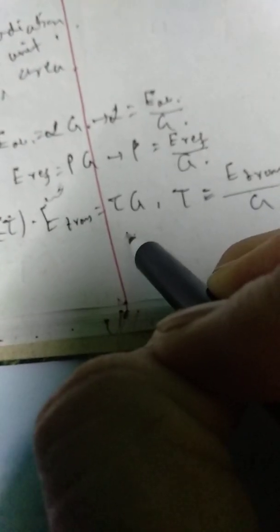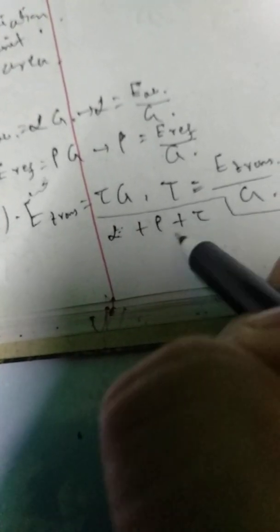Now if we add these three quantities, alpha plus rho plus tau, we get 1 by G, the absorptivity, reflectivity and transmissivity.